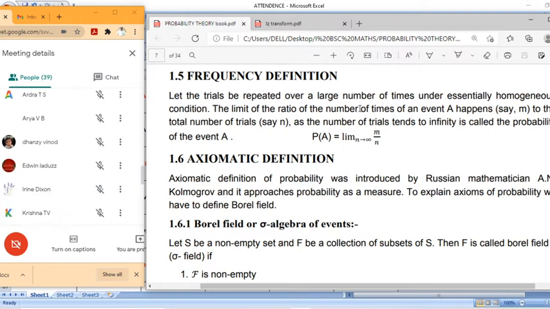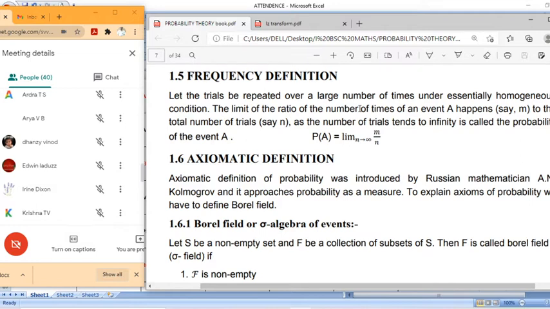And if we continue the toss, and if we toss up to 20 times, and the number of heads occurred after 20 tosses is 10, then you can assign the probability 10/20 for getting head.